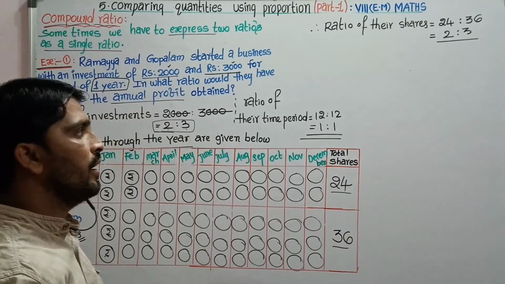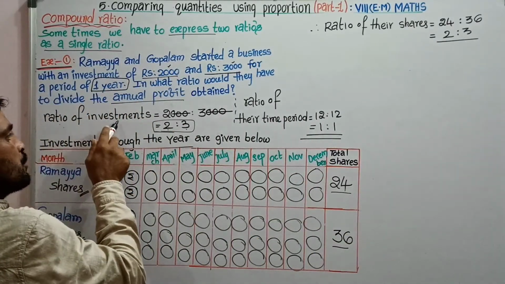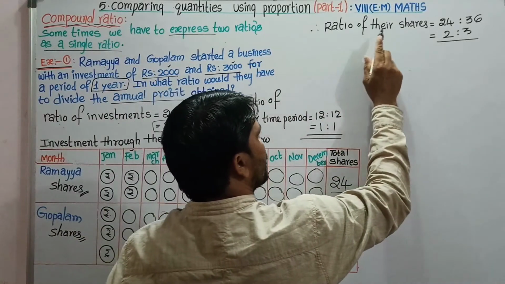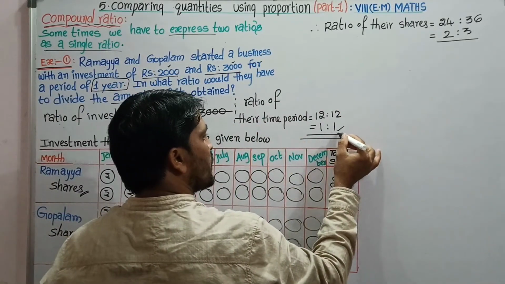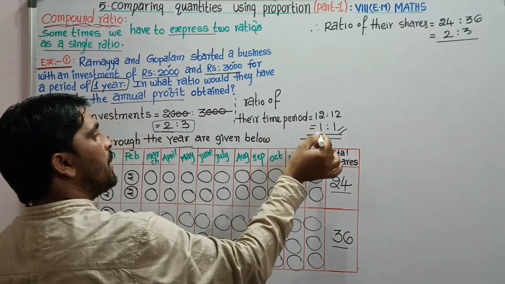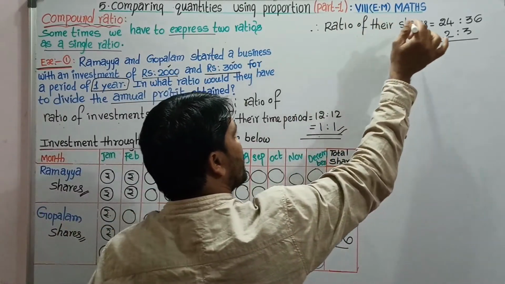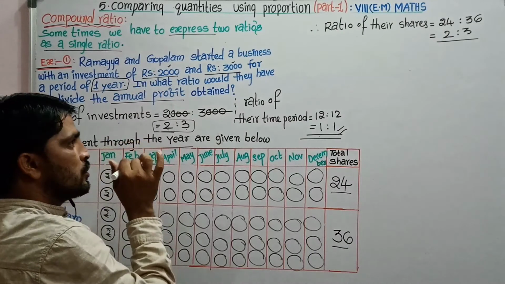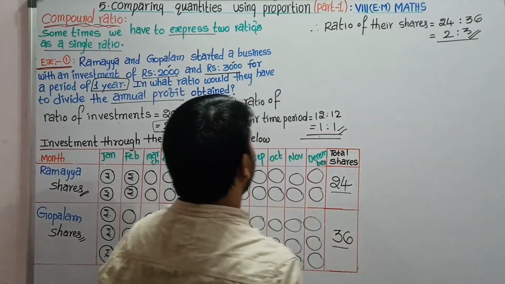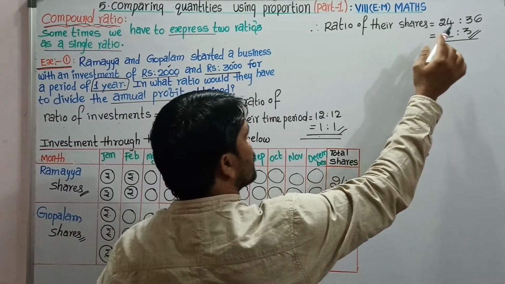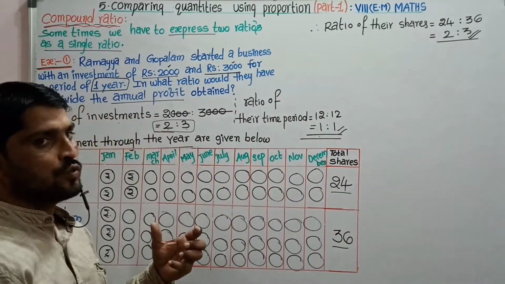What do you observe here? Ratio of investment is the same as ratio of their shares. That is, when time period is equal, ratio of their shares is equal to ratio of their investment. So they have to divide the profit in the ratio of their shares. Yes, this is case 1.